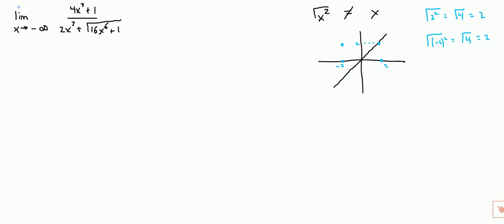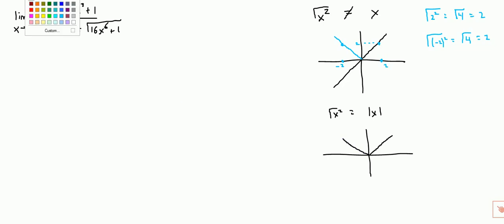So that is not right. We should actually have this on the left-hand side. So actually the square root of x squared is equal to the absolute value of x, right? Looks like this.